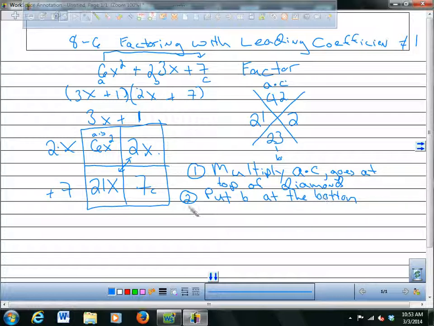3, solve the diamond problem. Solve the diamond, which means find the sides. Okay. 4, make a 2 by 2 box.